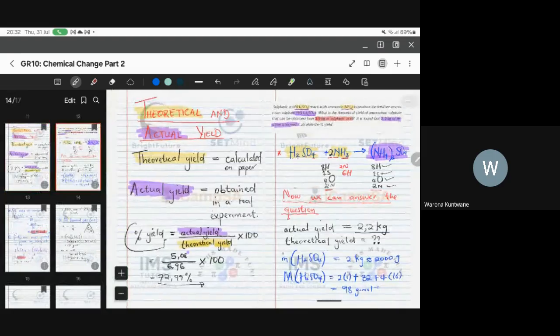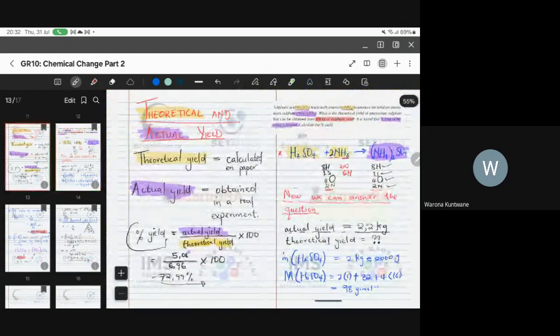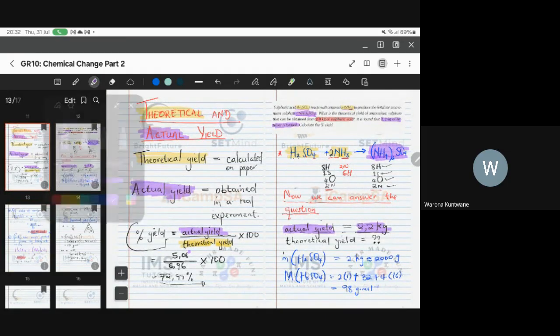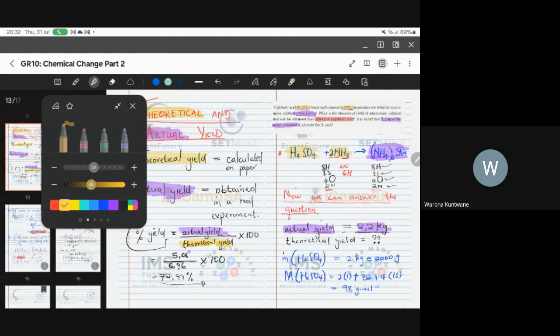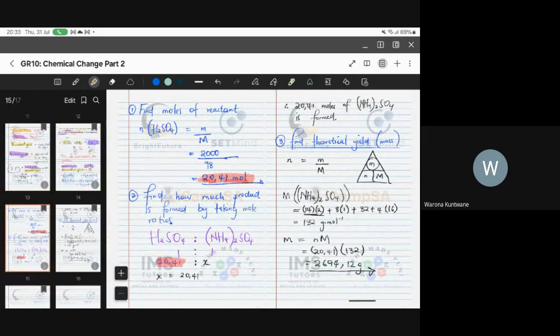Let's go back. In our statement, we were told that our actual yield is 2.2 kilograms. The theoretical yield is the one we just calculated. Remember, 2,600 grams is 2.6 kilograms, so from here you can basically say this is the same as 2.69 kilograms.